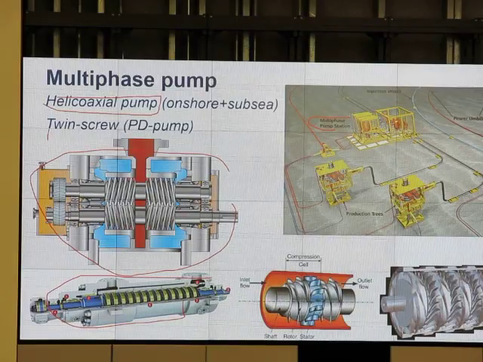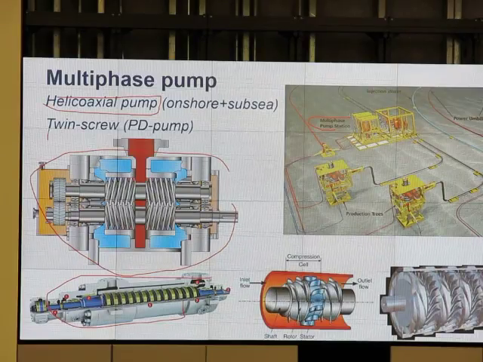So it is expensive, right? It's not for onshore production. Typically it is mainly used for subsea. So if I ask you what pump in the lecture is typically used in subsea application, you say multiphase pump. Just that, okay?